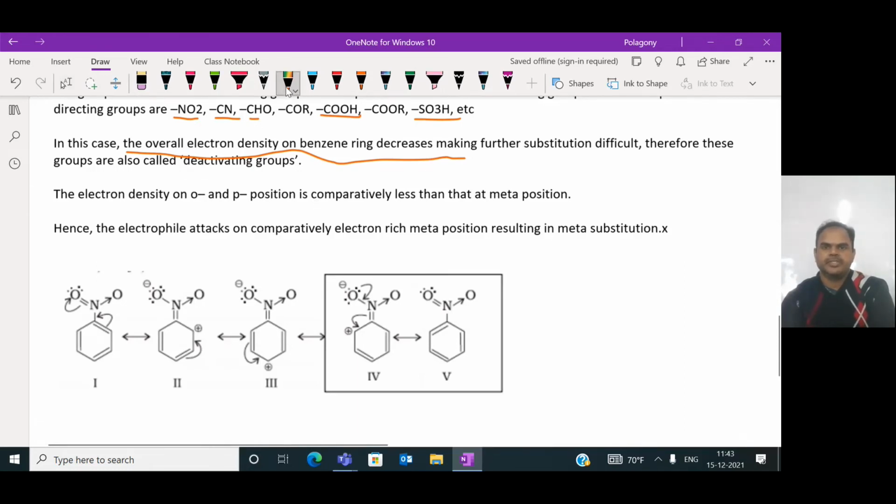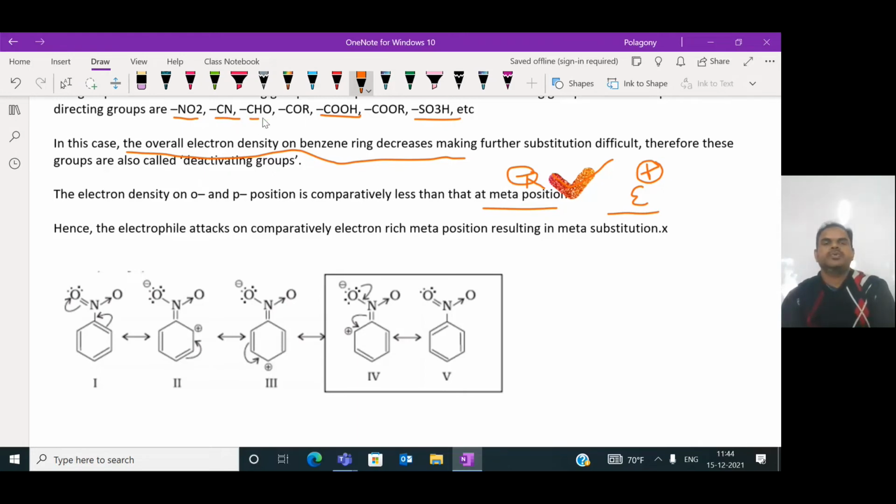The meta position has more electron density, so the incoming electrophile attacks at the meta position, since electron density is more, negative charge is more, or pi electrons are present.